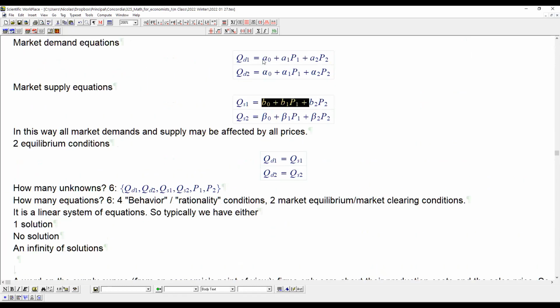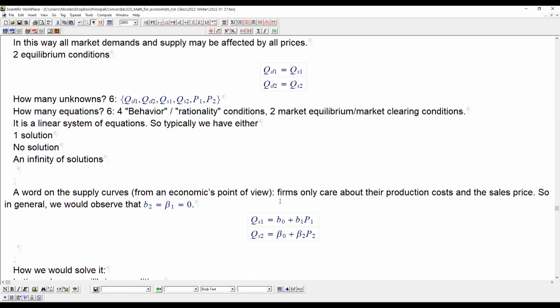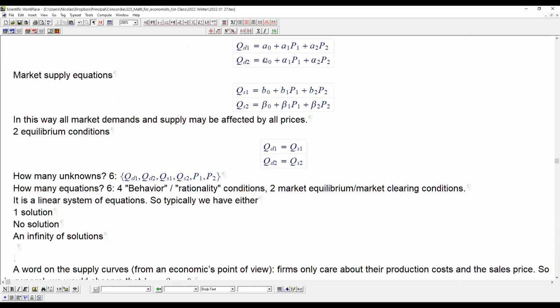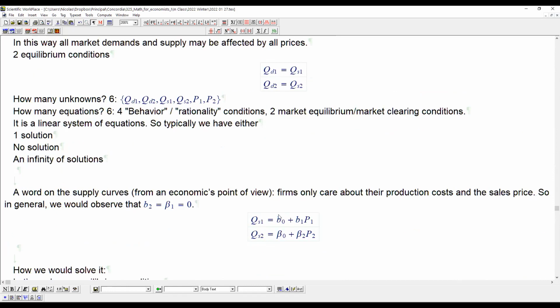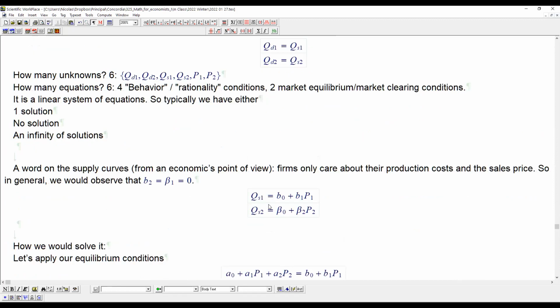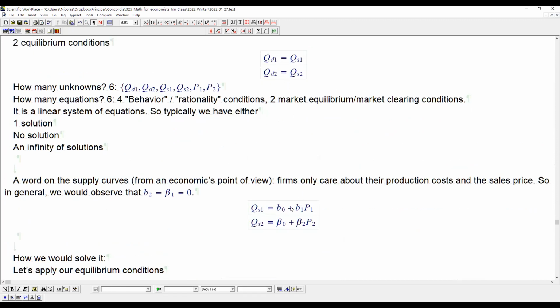So QD1 is this, and QS1 is this, and QD2 is this, and QS2 is this.